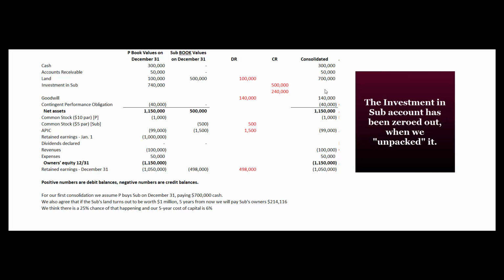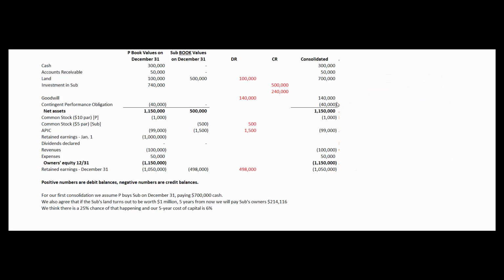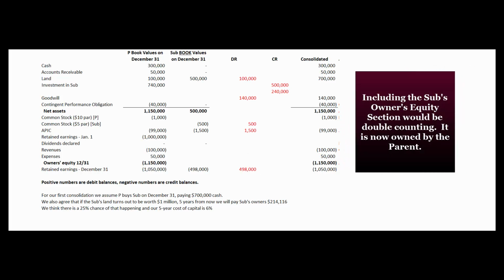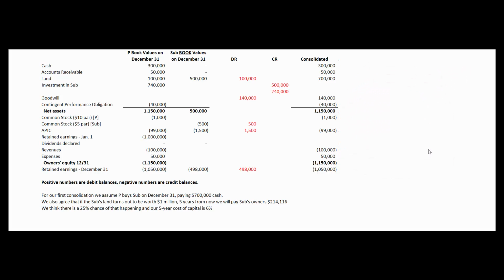We unpacked it and zeroed it out. Goodwill is now on our books for $140,000, and the contingent performance obligation is on there with its credit balance of $40,000. What happened to the owner's equity section? Well, we eliminated the sub's shareholders' equity sections with our journal entry S. So now the balance is just the parent's at this stage. And that's all there is to it.